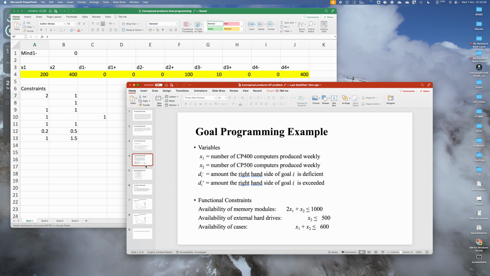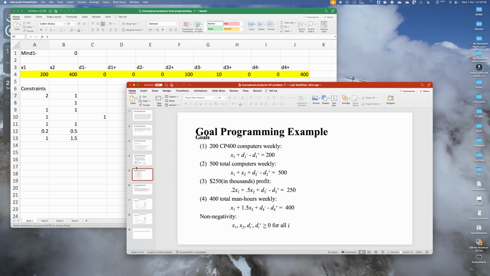Similarly, for availability of external hard drives, only the CP500 uses an external hard drive, and we have in total 500 external hard drives. And both the CP400 and CP500 use one case each, so x1 plus x2 is less than or equal to what is available to us.